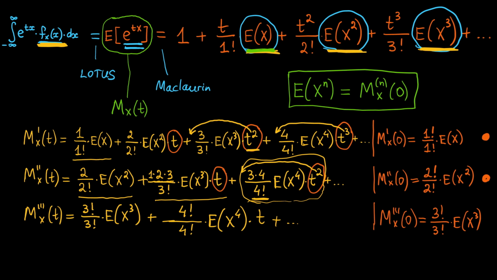It doesn't change the result, but it's cleaner now that we understand that the nth derivative of the moment generating function evaluated at 0 effectively gives us n factorial over n factorial times the expected value of x to the power of n. But of course, n factorial over n factorial cancels and we're just left with the raw moment.